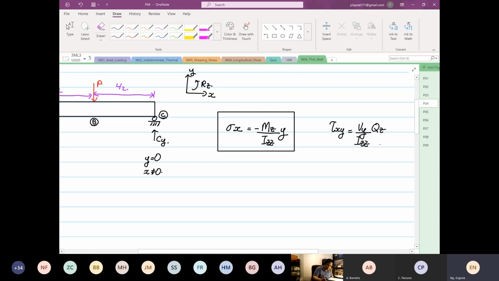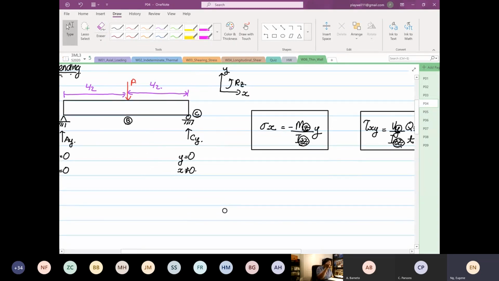So what I'm trying to highlight is this: for pure bending, it is the opposite. If the moment is about the z-axis, the second moment of area is in the z-axis. Different from shearing, where your shear force is in the y direction and you take Izz. So for bending, when your moment is in your z direction, the second moment of area is about the z direction also.